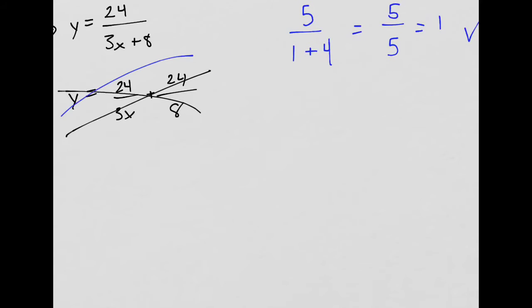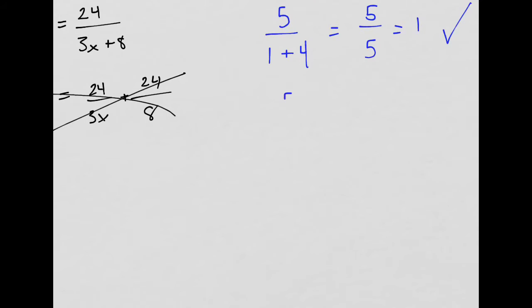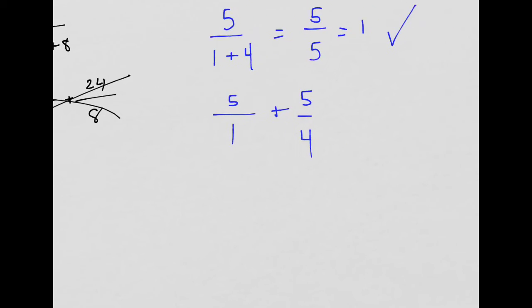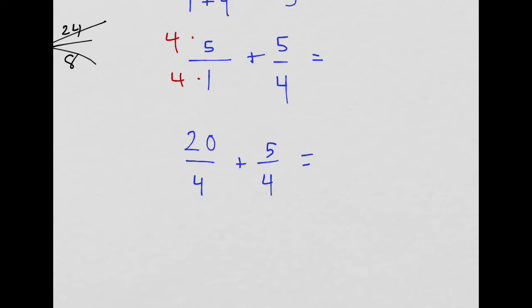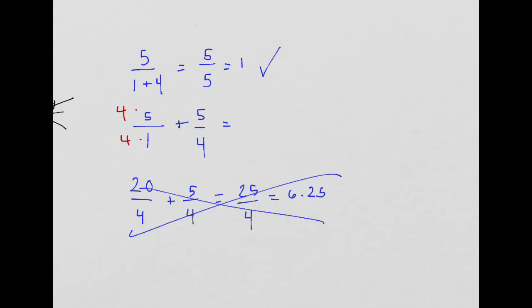But if you did this, where you split it up, 5 over 1 plus 5 over 4, well, what is that? You can get a common denominator, times it by 4, and that would be 20. So you get 20 over 4 plus 5 over 4, and that would be 25 over 4, which is 6.25 as a decimal. That's not the same thing. That's wrong. It should have been 1.